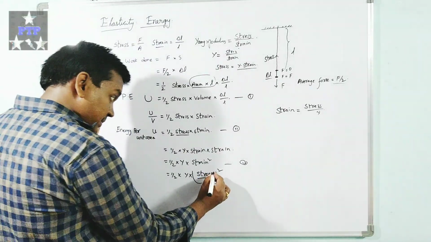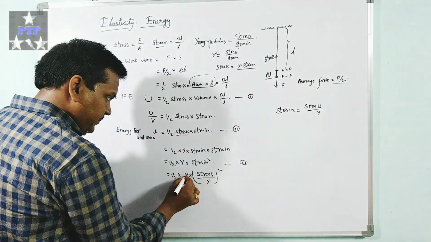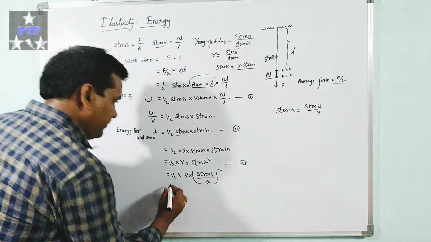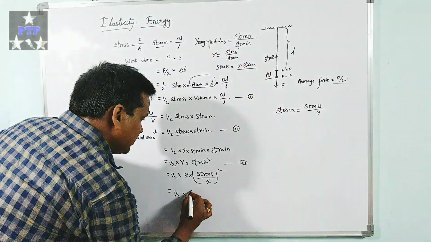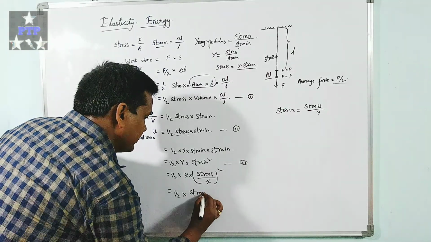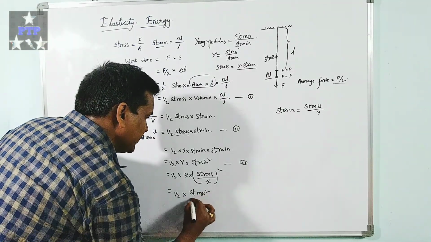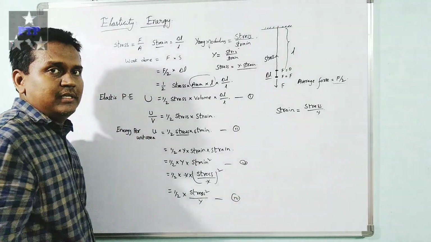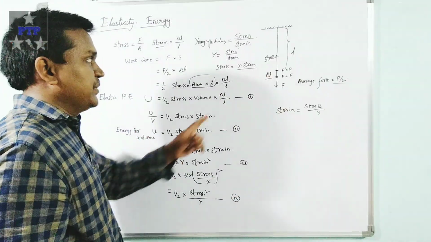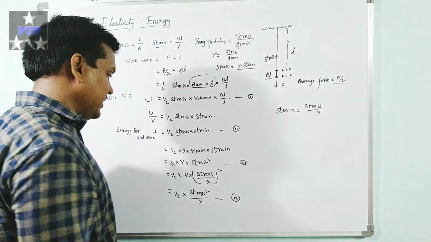Here it will be stress square and Y square. Cancelling Y and Y, we'll get half into stress square upon Y. This is one more formula for energy per unit volume for an elastic string.